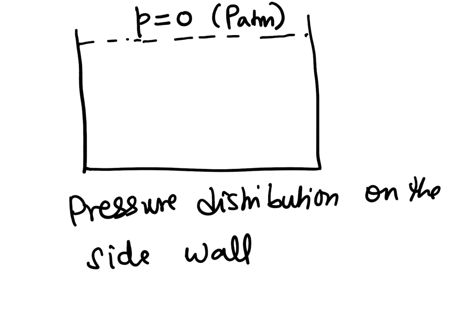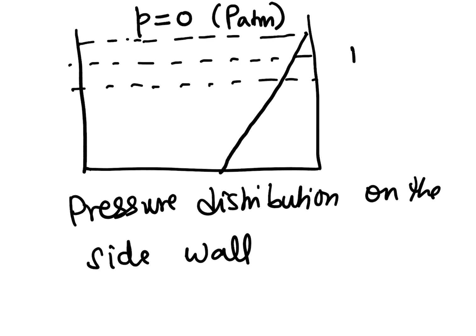You do know that the pressure at every horizontal level is the same, that the pressure changes only with height. So if you have P is a function of Z only, height only.